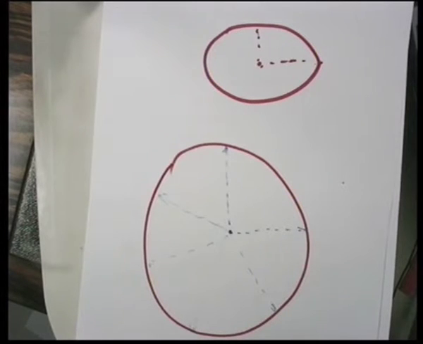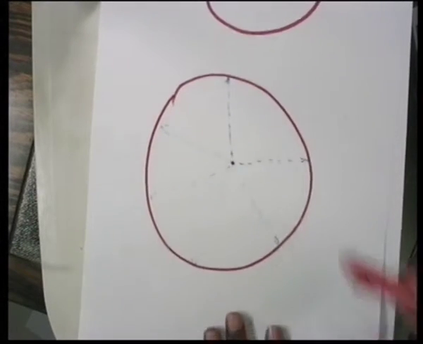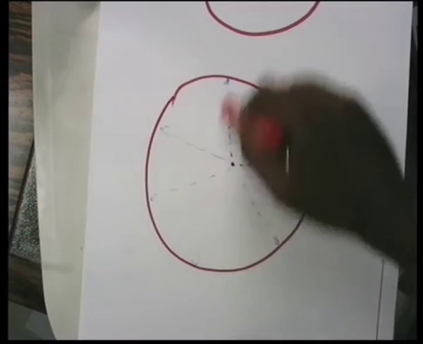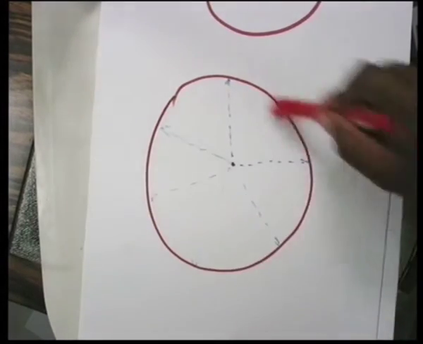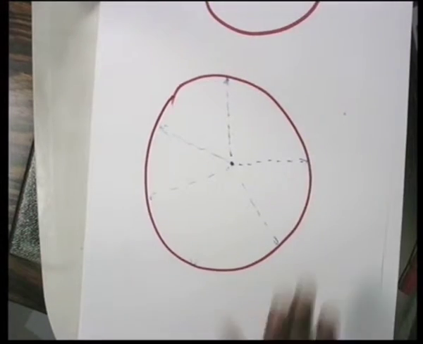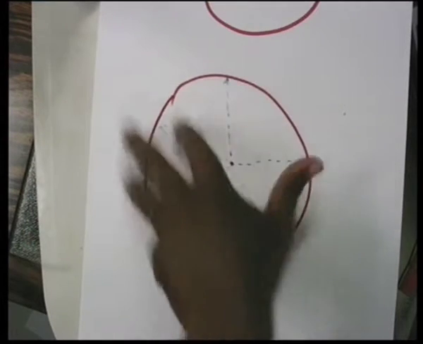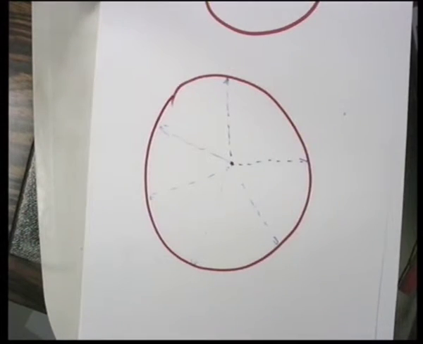It's not a circle. So always emphasize that from the center, the distances are equal to all the other sides. And that one is what we call a circle. That one is not really perfect, but when you're drawing it, you can use the instruments so that it can be a nice round circle that the learners will be able to see.